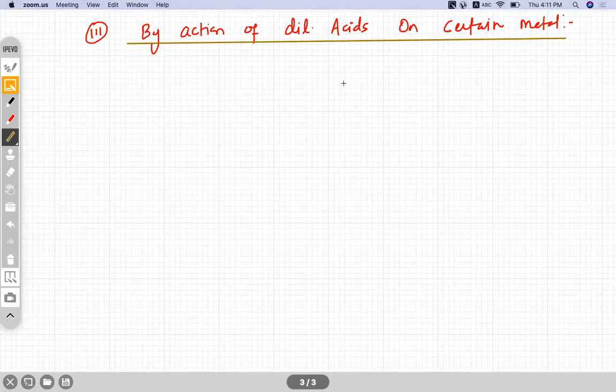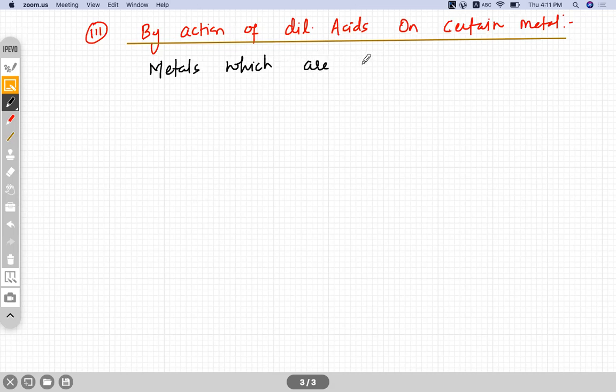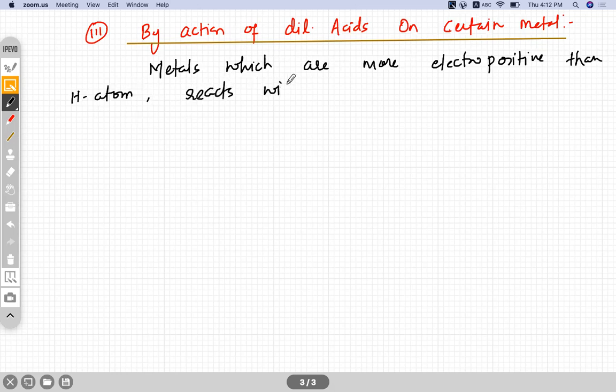Write down: metals which are more electropositive than hydrogen react with dilute acids and evolve hydrogen.